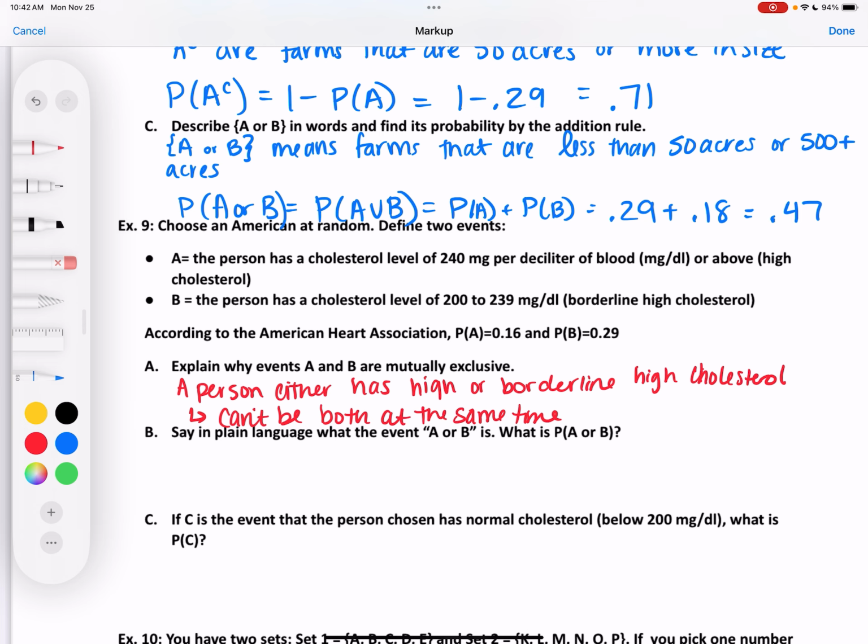So basically all you need to say is A or B is someone with borderline high or high cholesterol. That's all it's asking for. That's why I was like, it's kind of a weird way to word the question. Plain language. Yeah. So A or B is someone with borderline high or high cholesterol.